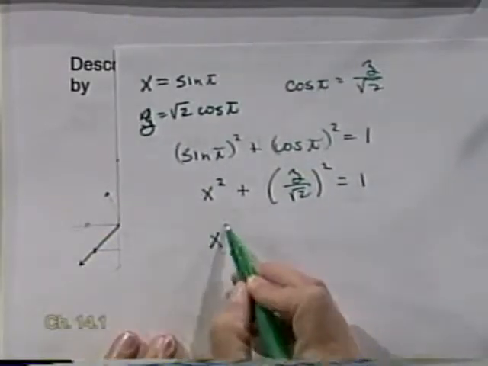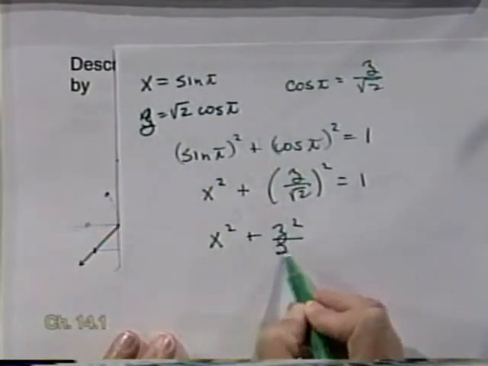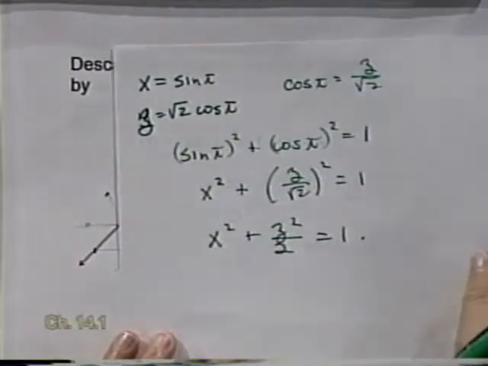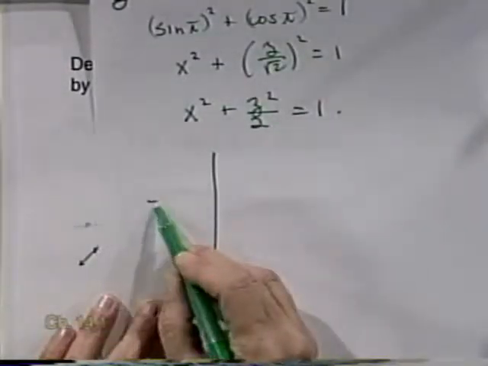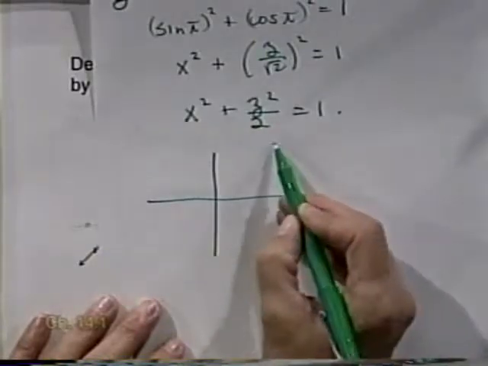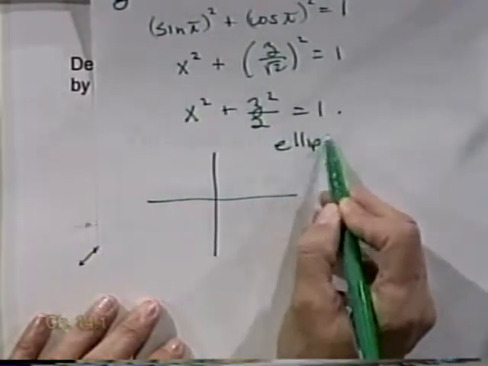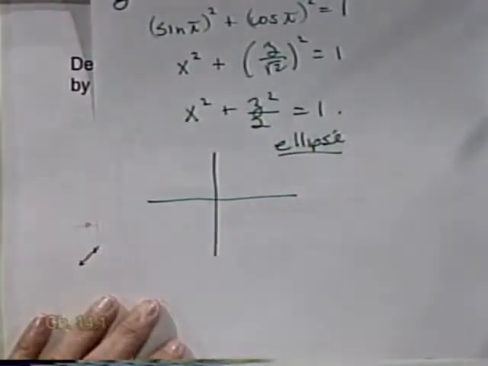That gives me x squared plus z squared over 2 is equal to 1. Who knows what that's the graph of in the xz plane? It's the graph of an ellipse. Remember we used that concept when we were doing ellipsoids?